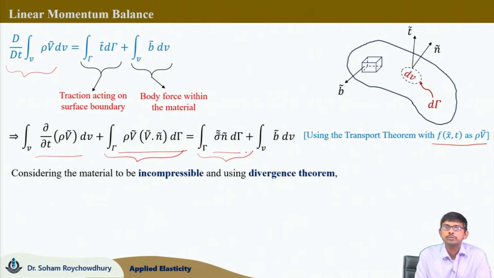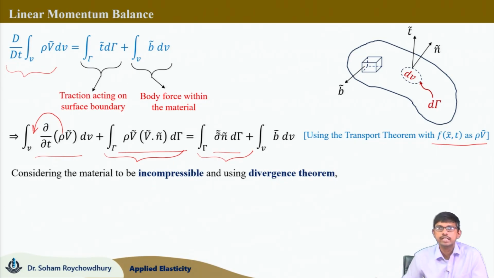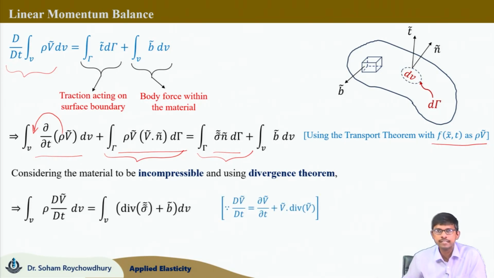These are required to be converted into the volume integral with the help of the divergence theorem, and considering the material to be incompressible, this rho we can take out. Del del t of rho v we can write as rho times del v del t, rho is not changing with time. So, doing this, assuming material incompressibility and using the divergence theorem, this equation would be reduced to this particular form.